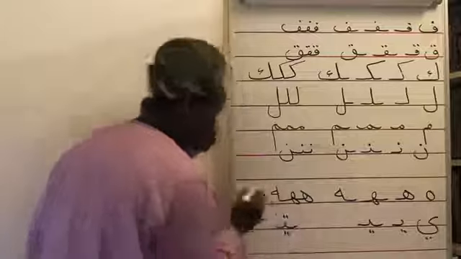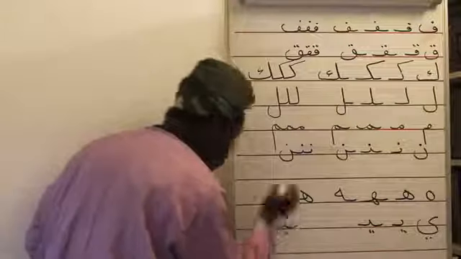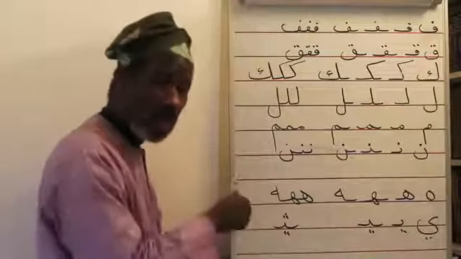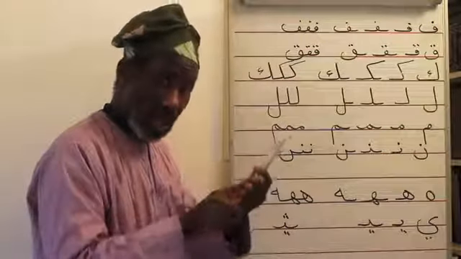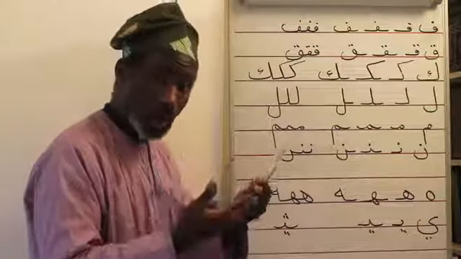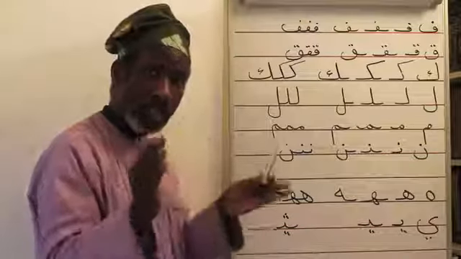If you put two dots above, it's ta. Three dots is tha. One dot below is ba. So remember that ba, ta, tha, noon, and ya are the same shape at the beginning and in the middle. It's only that you apply the appropriate dots.